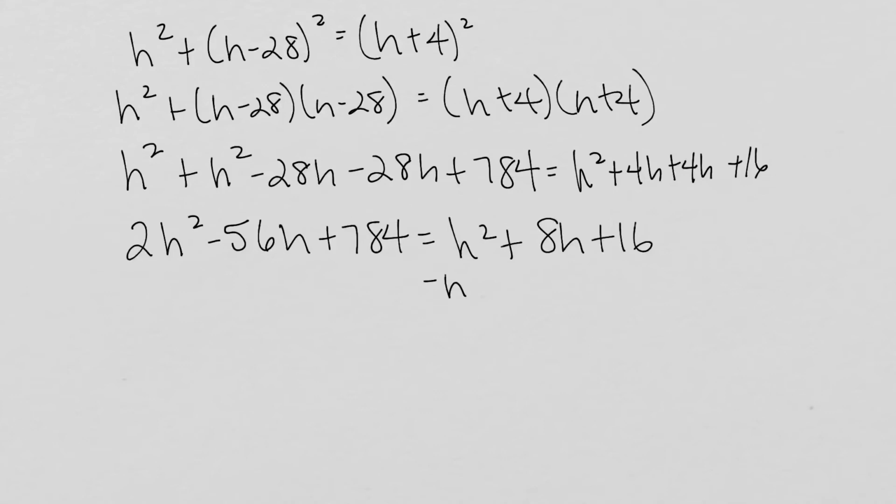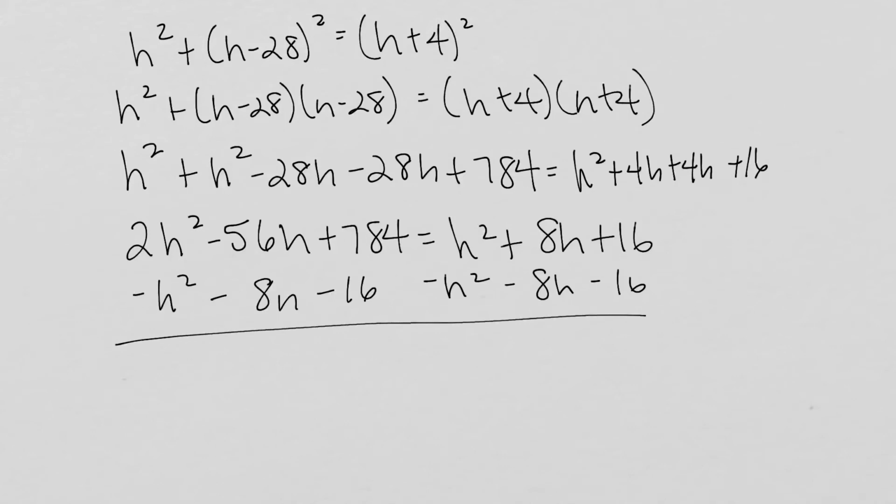Now I'm going to subtract everything that's on the right and move it over to the left. That's going to leave me with h squared minus 64h plus 768 equals 0.